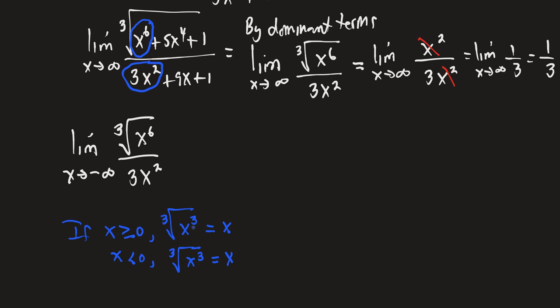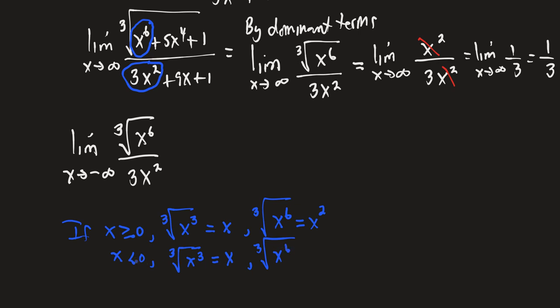And so if we now have x to the sixth, and we're taking the cube root of that, that is equal to x squared, right? And it's the same if your x is less than 0. So the cube root of x to the sixth.